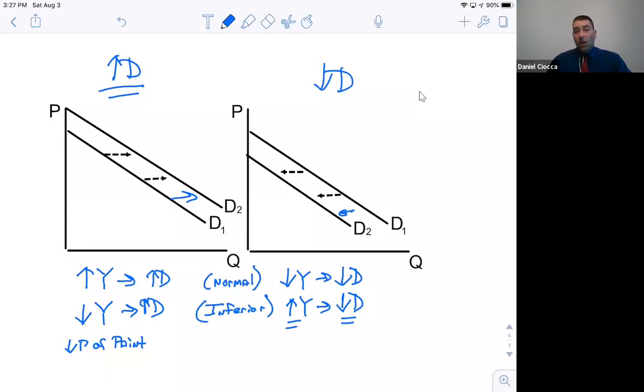Obviously, you're more inclined to buy a paintbrush when you've just bought some paint because they're complements, they go together. So in this case, a decrease in the price of paint would increase the demand for paintbrushes.